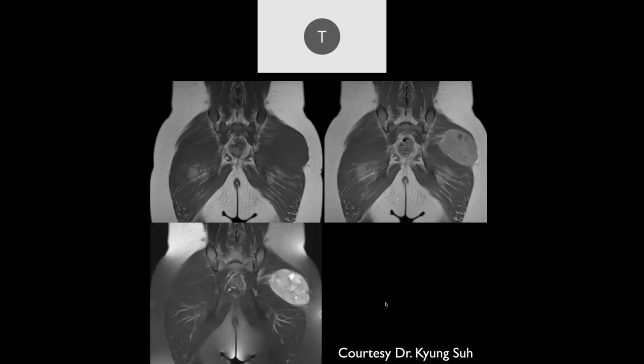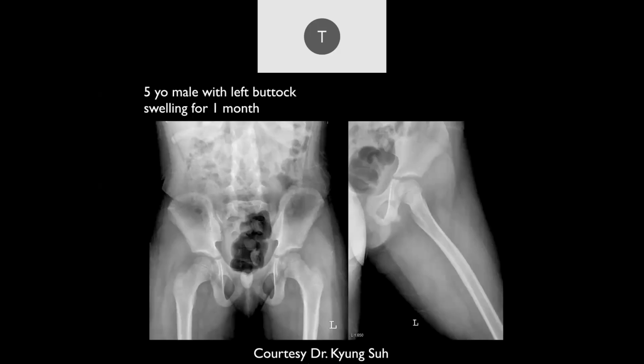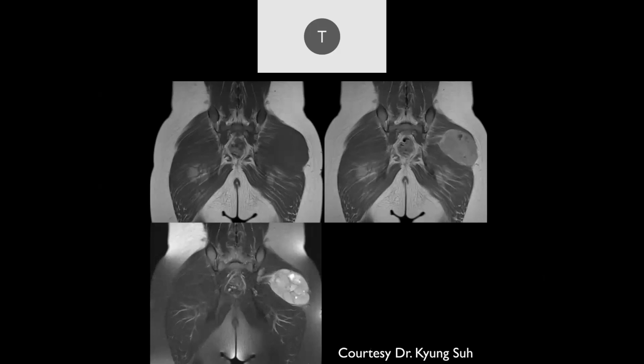Okay, yeah, so it was in that area. It looks like a well-circumscribed low T1 signal mass, homogeneously intermediate signal with some areas of cystic changes internally.